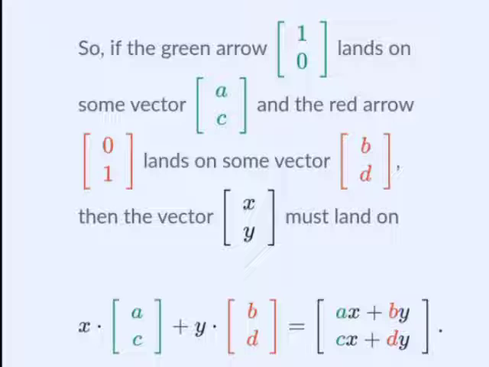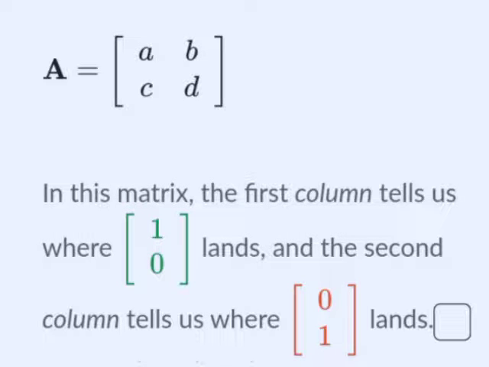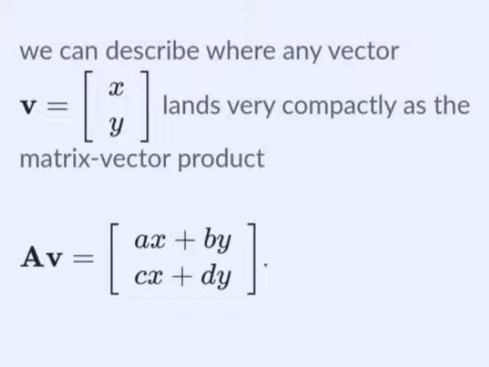And that is also the same as ax plus by, cx plus dy. So in this matrix above, the first column tells us where 1, 0 lands, that's AC, and the second column tells us where 0, 1 lands, that's BD. We can describe where any vector xy lands very compactly as the matrix vector product: ax plus by, cx plus dy.